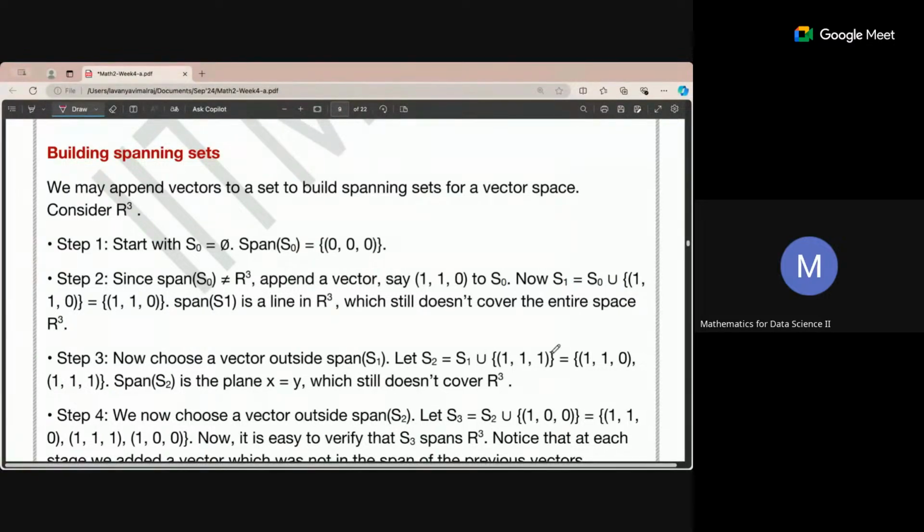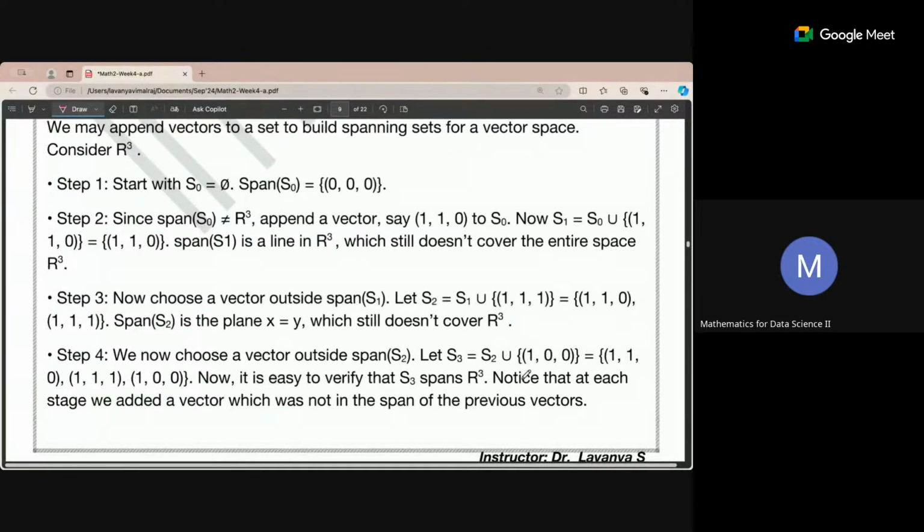So your S2 is {(1, 1, 0), (1, 1, 1)}, and the span of S2 is now a plane, which still does not cover R3.